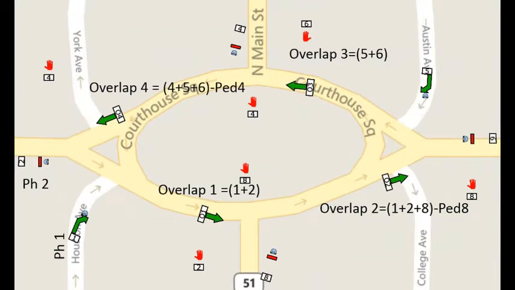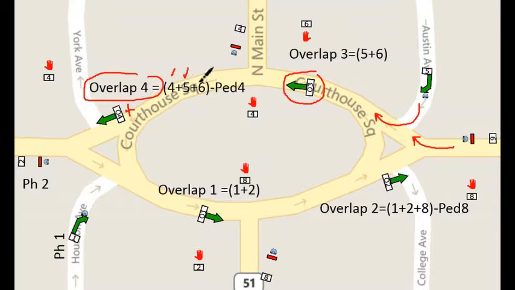Now we're going to look at the westbound approach, and we have overlap 3 up here. And overlap 3 is a 5 plus 6. So 5 is coming in here, 6 is coming in here, and it's just a normal overlap. Then we have overlap 4 over here, which is this exit overlap, and it's a 4 plus 5 plus 6.